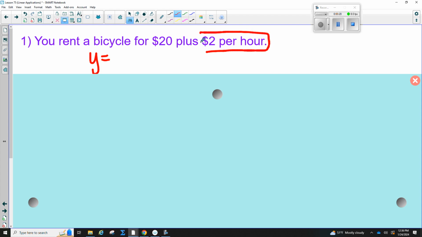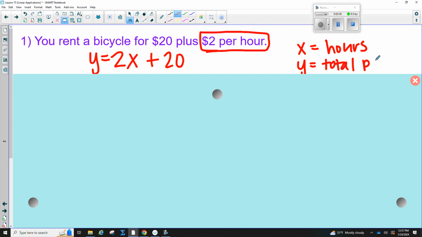It's $2 per hour plus 20 bucks as a flat fee. Then off to the side, you write that x is the number of hours you are renting the bike for. And what is y? It's whatever you end up paying. You're plugging in hours that you rent the bike, and your output is the total amount you pay for the bike.